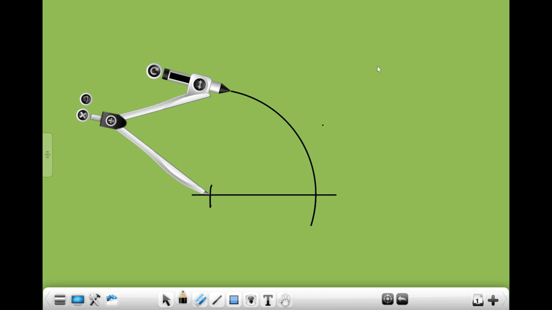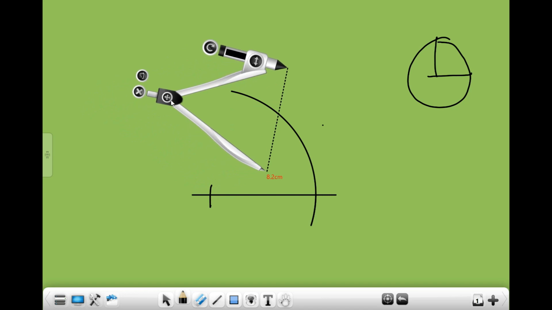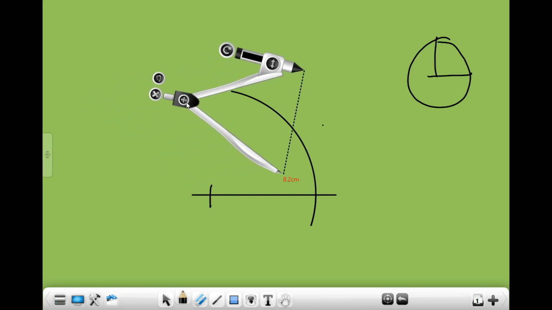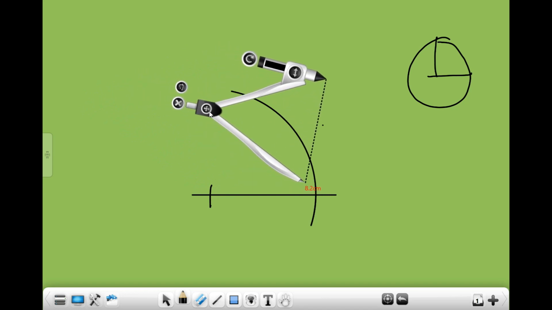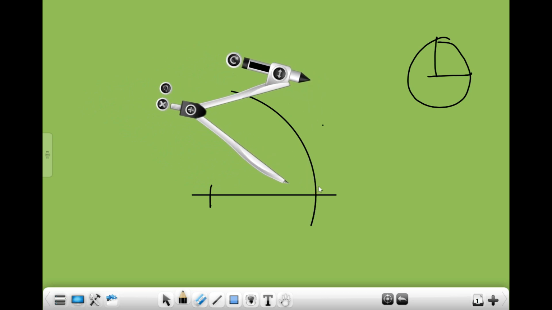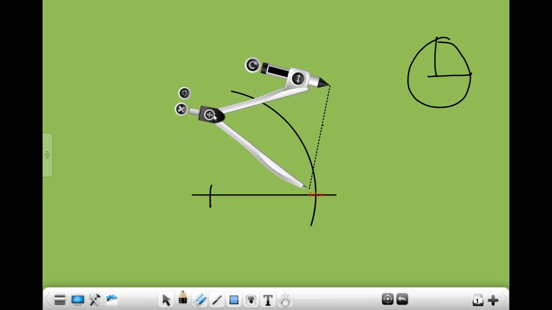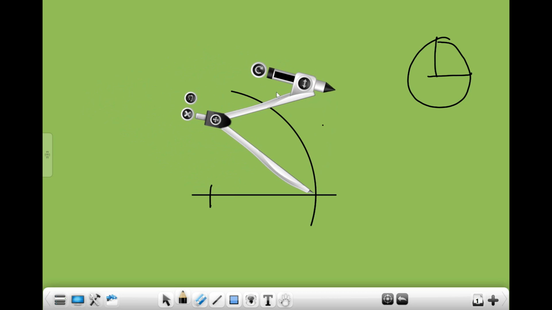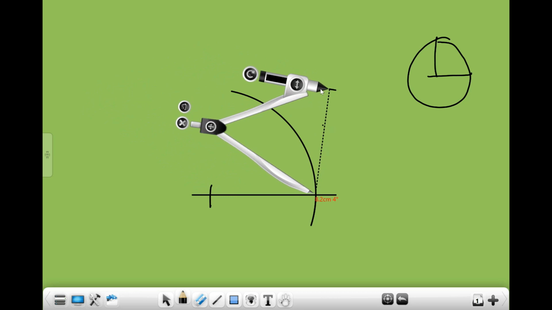After that, you remove your compasses, and without altering the size, don't alter the size, move the sharp point to the intersecting point that we have just now. You put it here, adjust again, and you draw the arc so that it cuts through. As long as it cuts through and you get an intersecting point here, that will do.